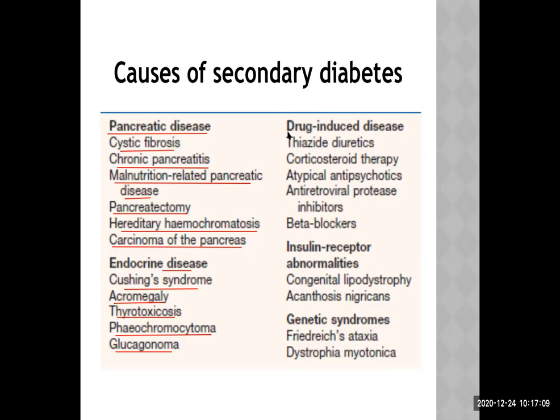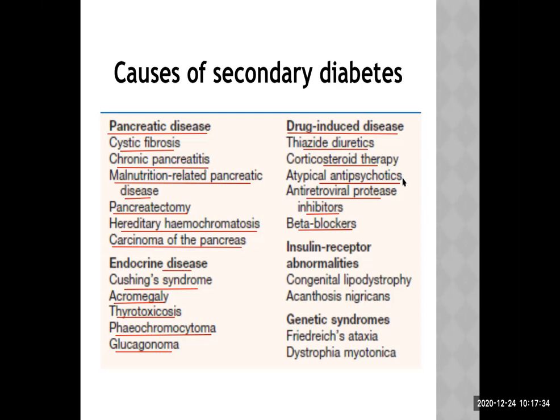Now, the other one, drug-induced diseases like thiazide diuretic, corticosteroid therapy, atypical antipsychotic, antiretroviral protease inhibitor, and even beta blockers. All of these are connected with diabetes or hyperglycemia. So these are the drugs which cause hyperglycemia.